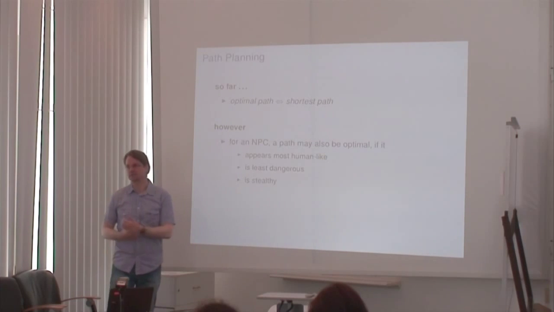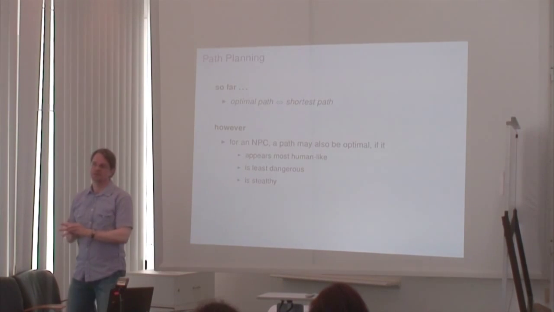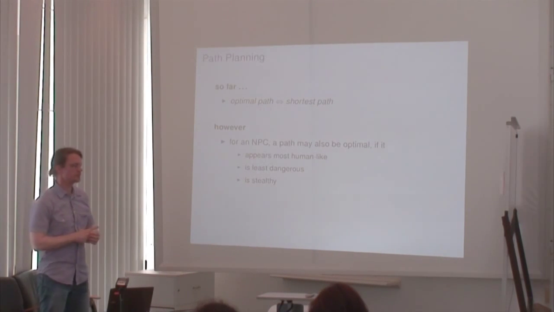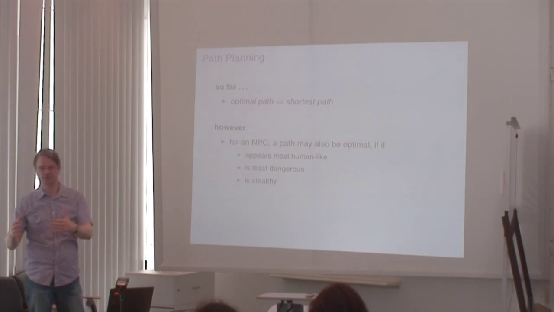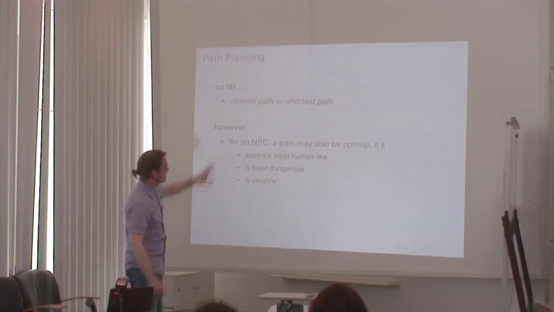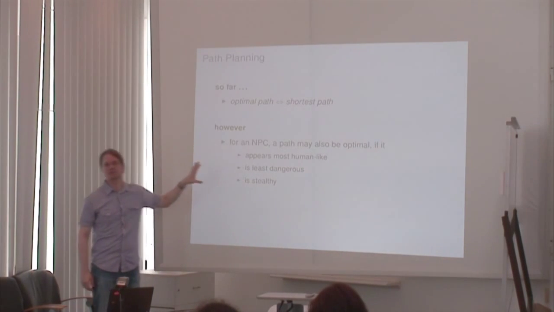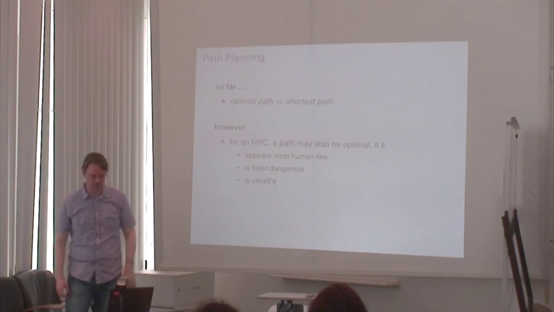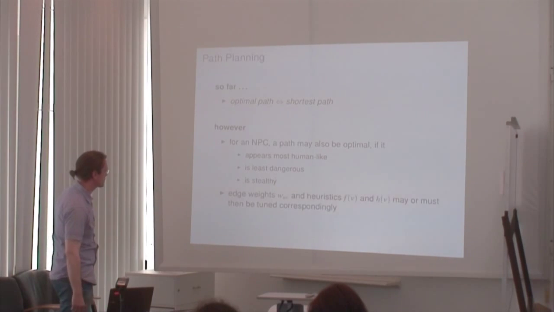It could also be better to follow a path where the risk of being detected is smaller than for, say, the shortest path. So there are different criteria for what defines an optimal path.